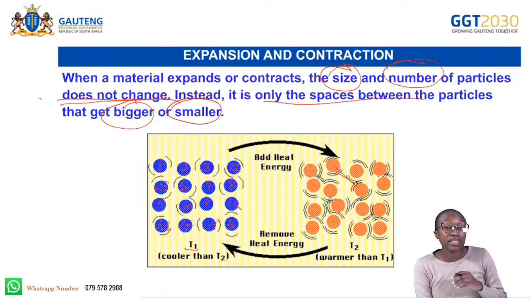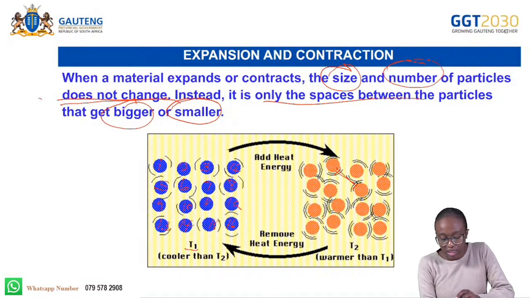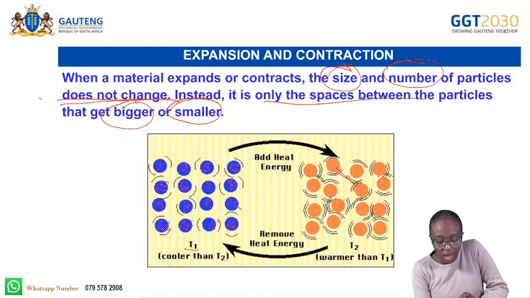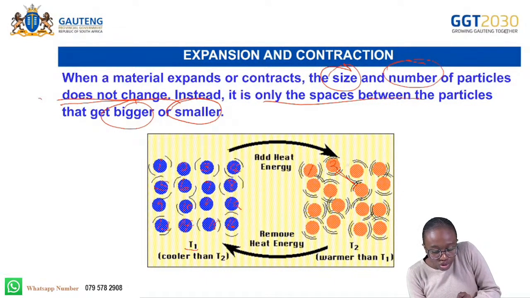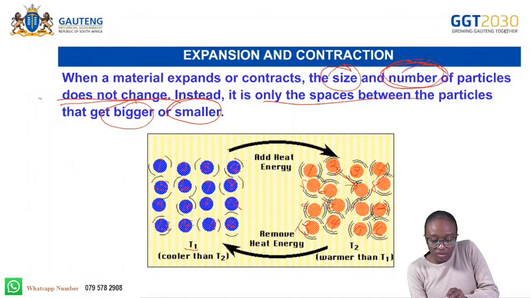So T1 has 16 particles. Let's count how many particles T2 has. 1, 2, 3, 4, 5, 6, 7, 8, 9, 10, 11, 12, 13, 14, 15, 16. So the number of particles has not changed.